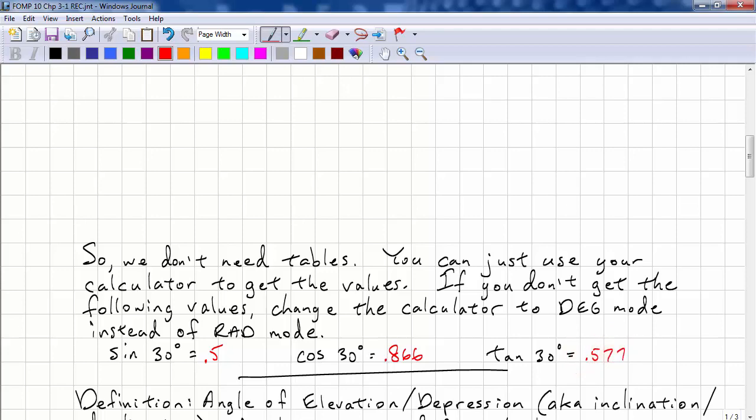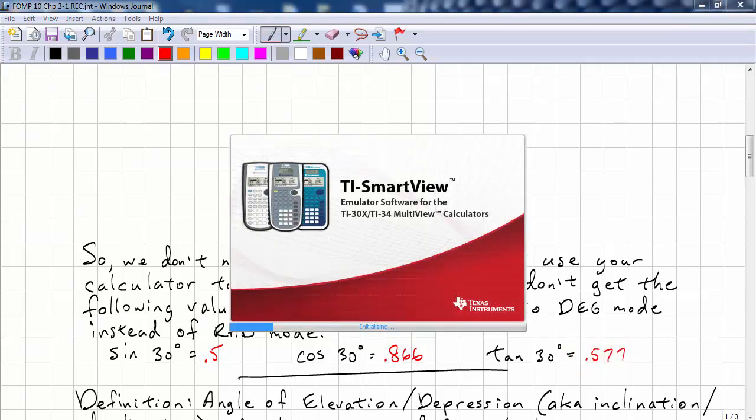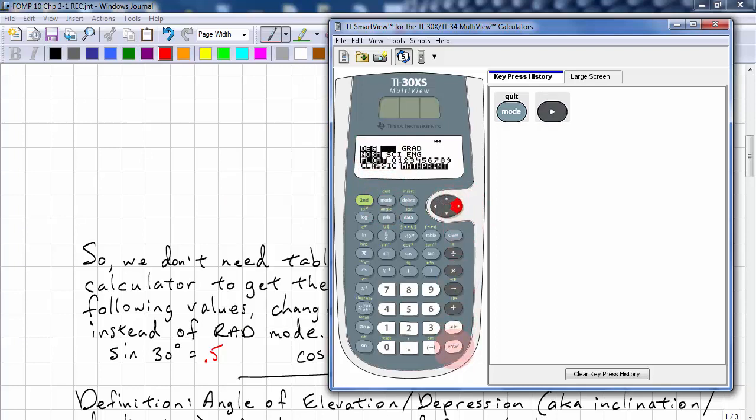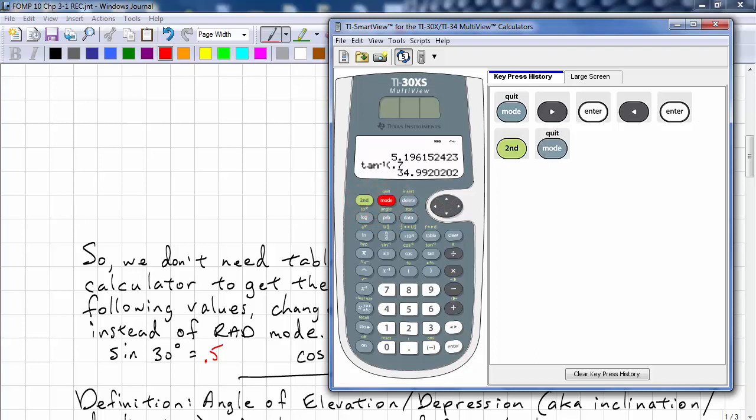That's on the Casio. On the Texas Instrument, we go mode, and this one's in degree. So if I wanted radians, I would go over here and press enter. And if it was in radians, I just go back over here and press enter. I'm in degree mode. Second quit.